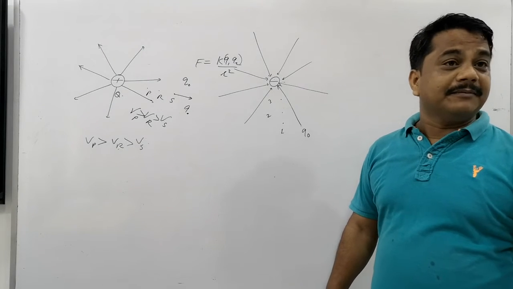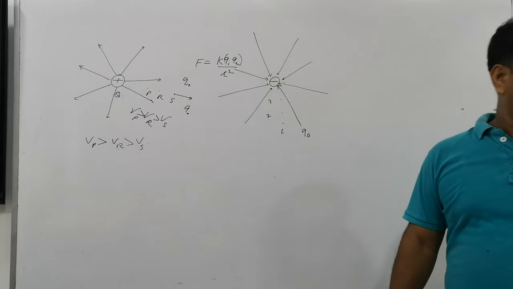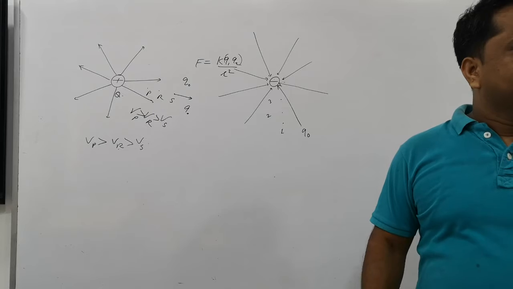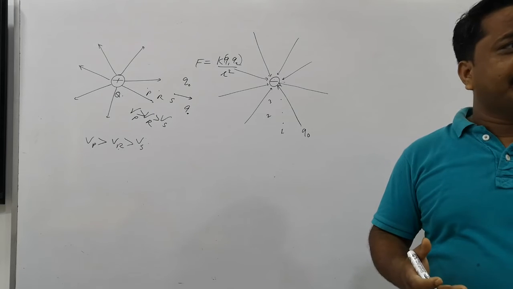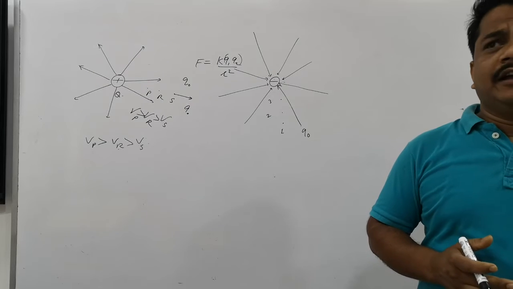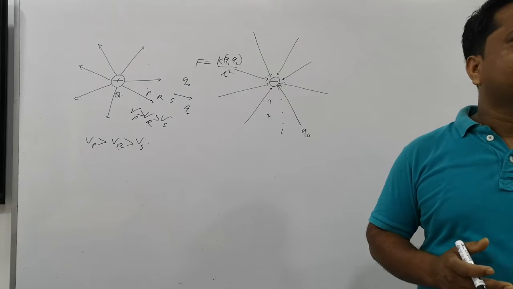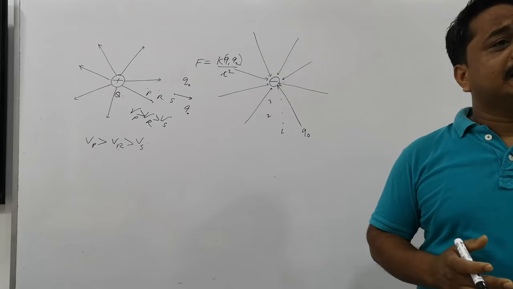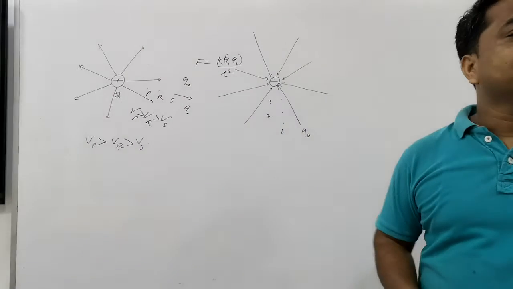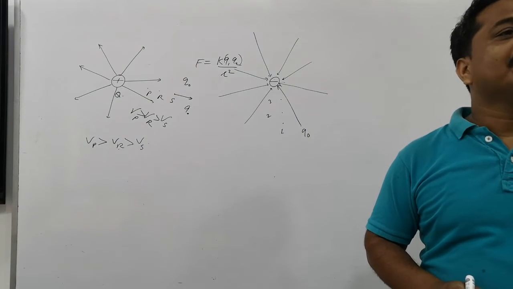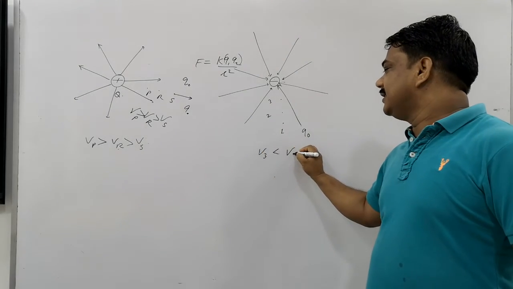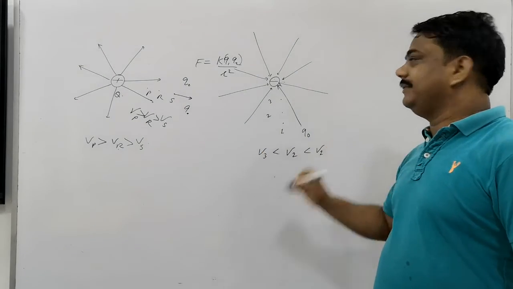So a point away from the positive charge has less potential, and at a point very close to the negative charge, the electrostatic potential will be less. So here, potential V3 is less than potential V2, which is less than potential V1.